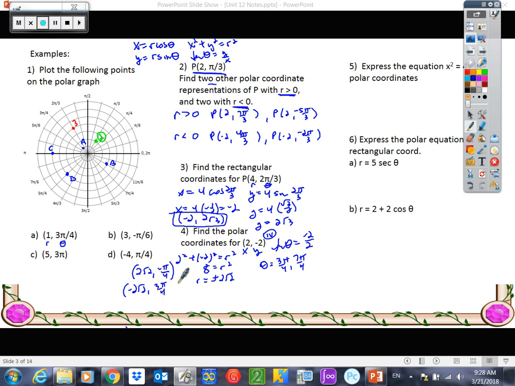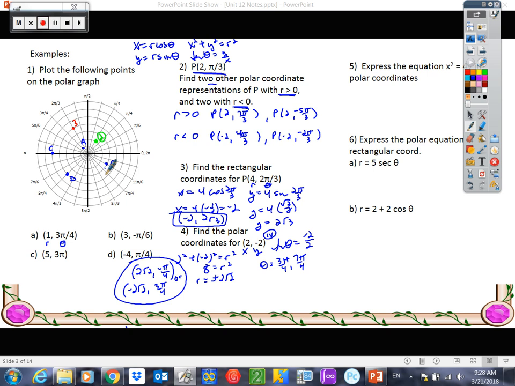Those are 2 options of a lot of different options, but both of those options will put us at 2, negative 2. They should put us in here. Okay? All right. So that is how we graph in polar coordinate form.